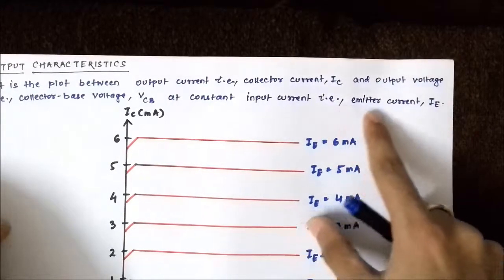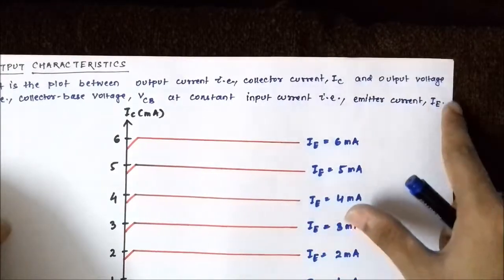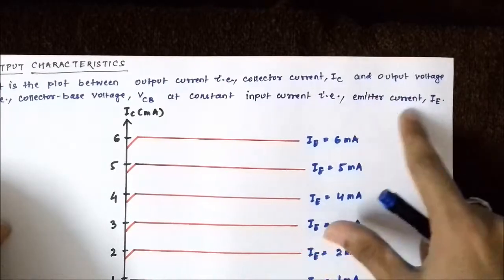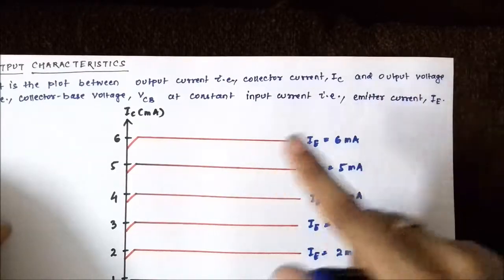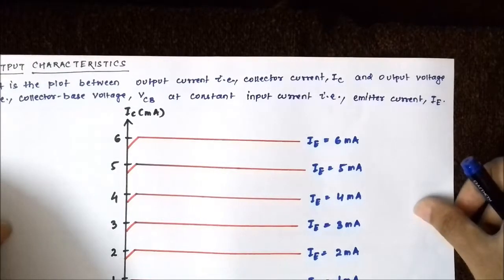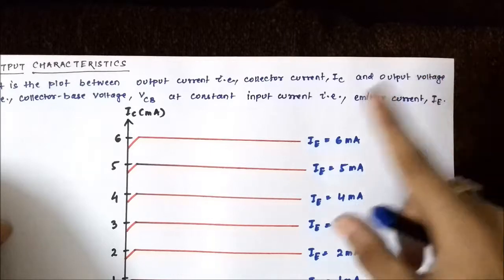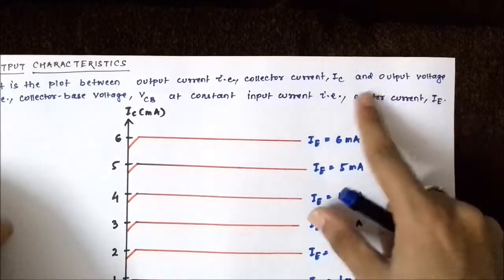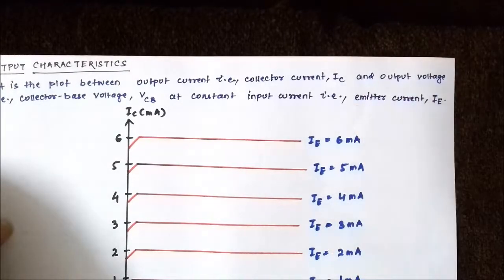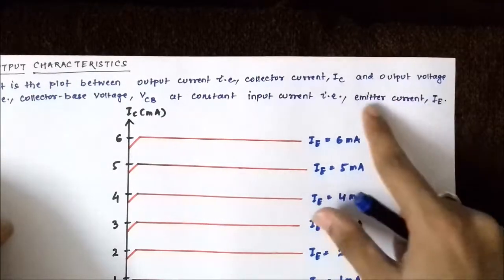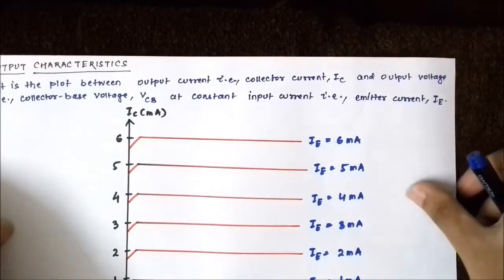This is the important thing, the constant parameter. It is the input current, not the input voltage, which was the case in the input characteristics. There it was at constant output voltage, but here in output characteristics the parameter which is kept fixed is the input current, which is the emitter current in the case of common base mode BJT.